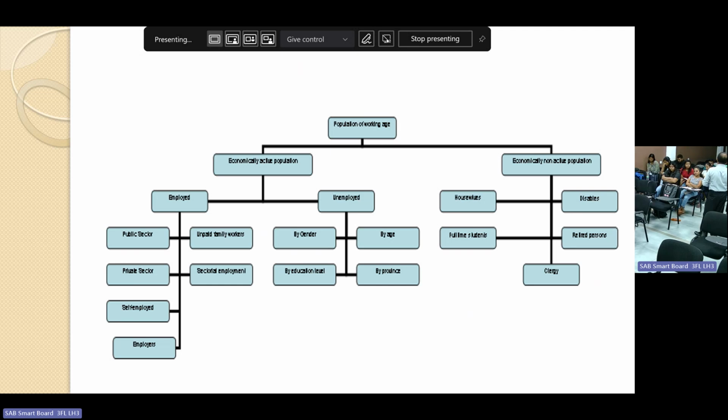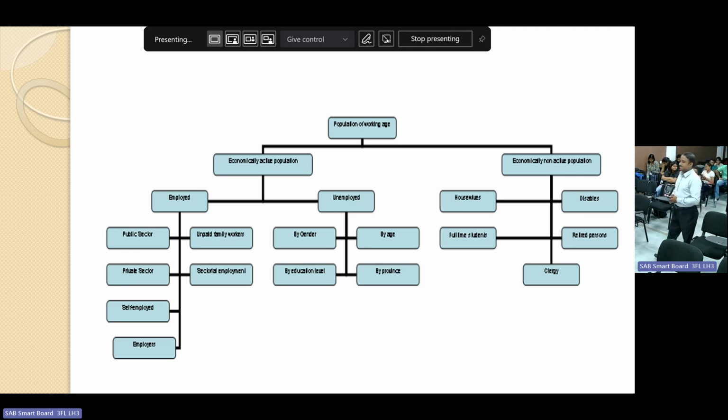So we can identify the working age population by deducting the elder population, that is over 60, and the children below 18 or so.